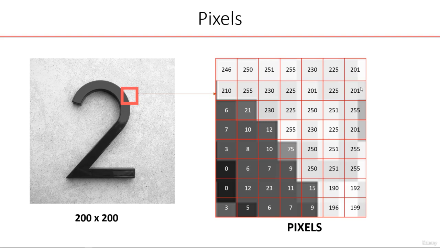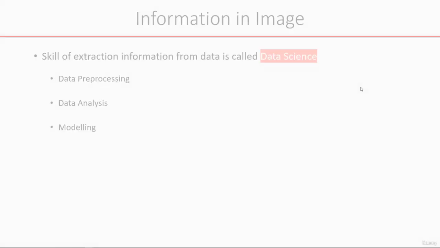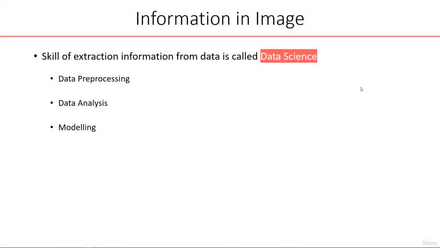Alright, we understand channel, we understand pixel. Now let's talk about processing the pixels, or processing the image, which is extracting the information from the pixels. That is called processing. Let's look into that. Usually, any machine learning or data science is all about extracting information from the data.